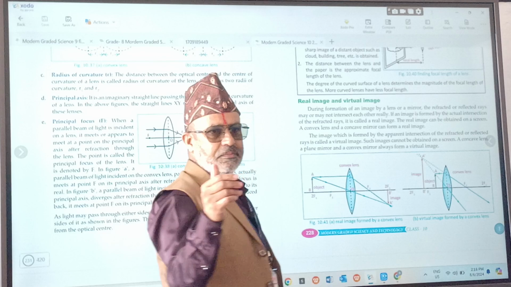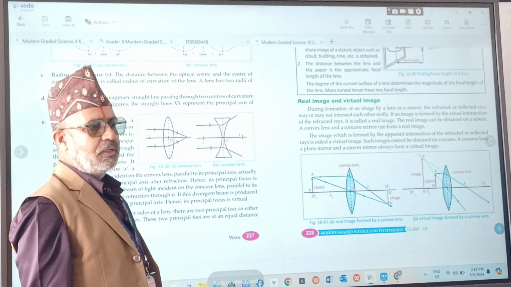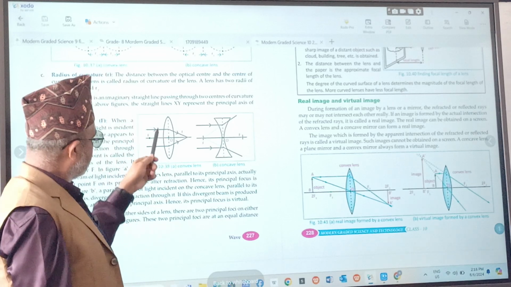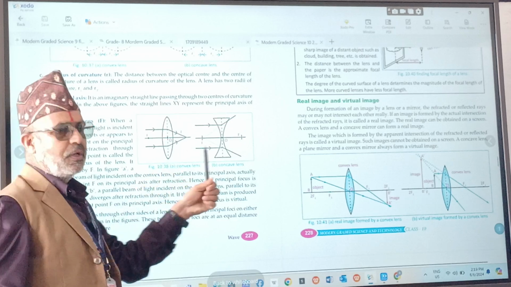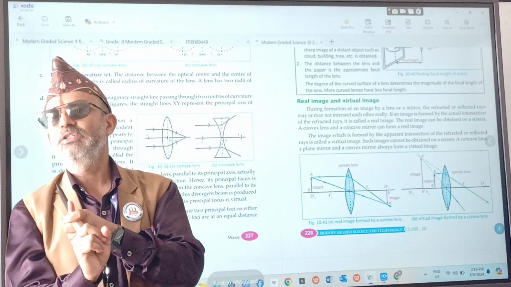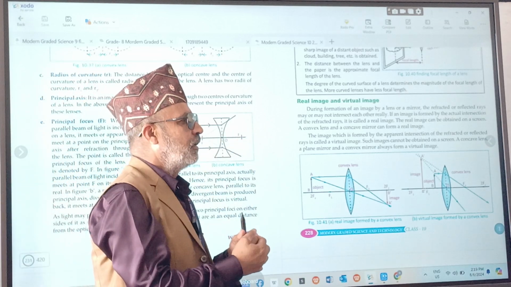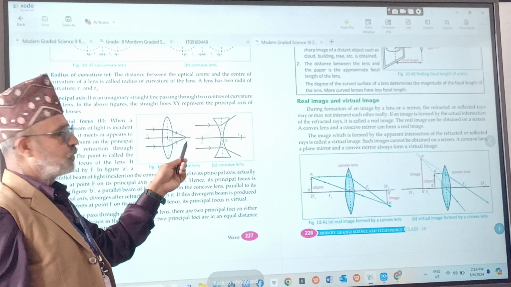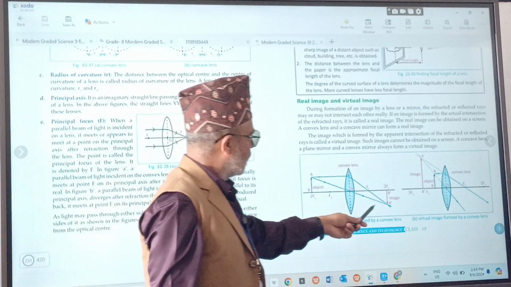Now the matter has come: real image and virtual image. So children, if the rays are parallel, they meet at a point, and an image can be formed here. If the image is formed by actual intersection, that is called real image. If apparent intersection, it is called virtual. Are they meeting together or not? Is this actual or apparent?